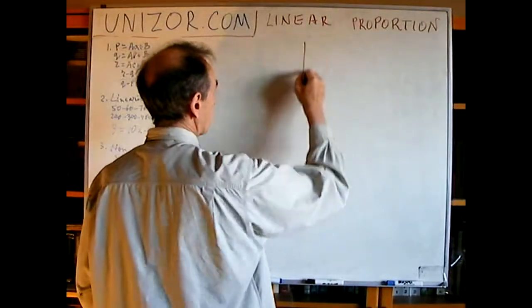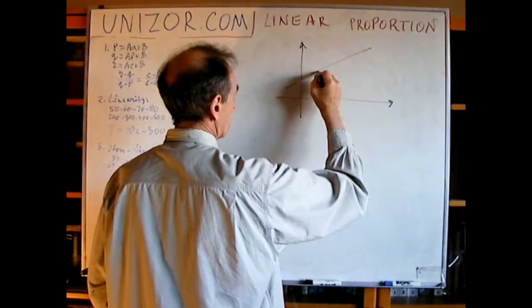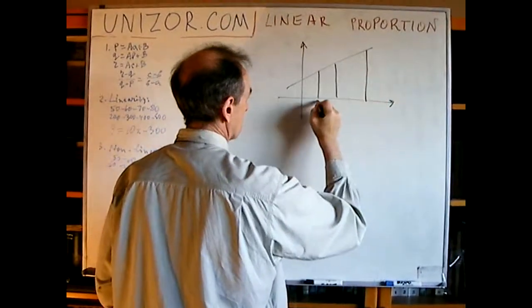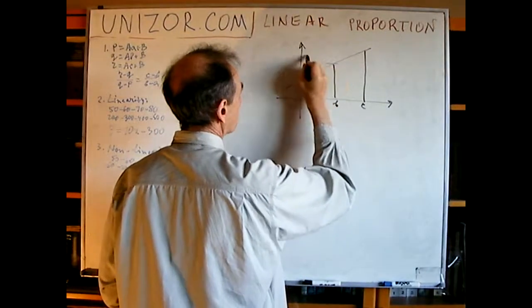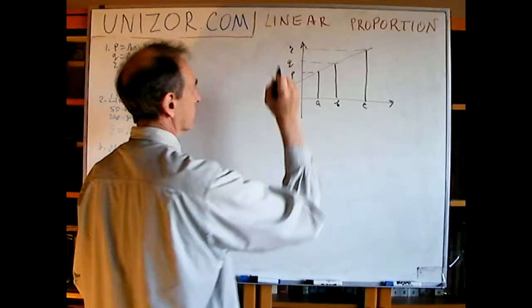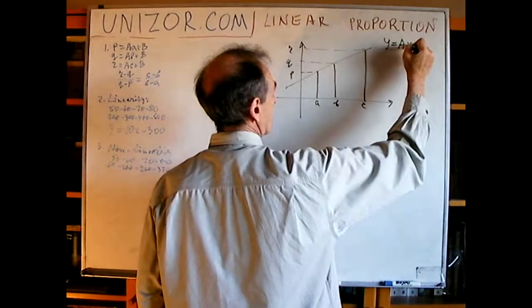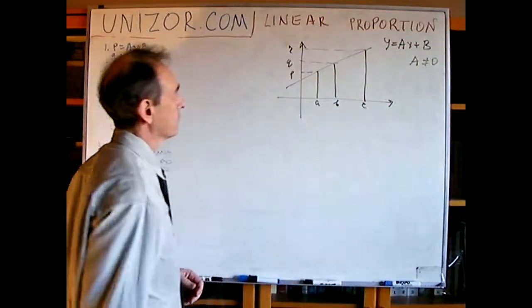So if you have a straight line which represents the graph, and I will take 3 points, A, B, and C, with values P, Q, and R, and the function is ax plus b, where a is not equal to 0.